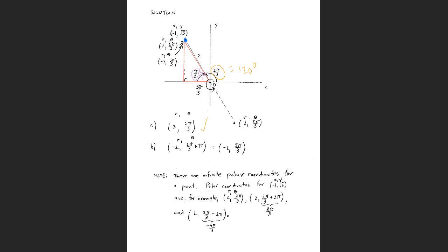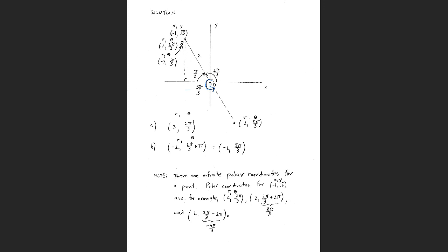Okay, but now we want another polar coordinate with a negative radius. If we rotate 120 degrees and then 180 degrees more, that gets us to 300 degrees.